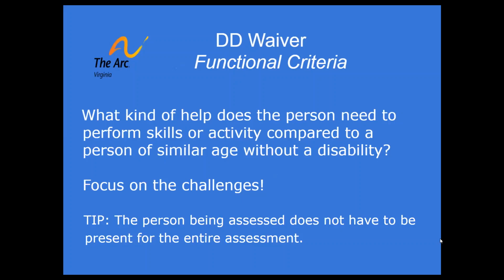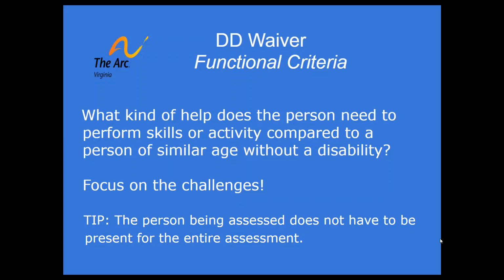The VIDES is assessing the type of help the person needs and the frequency. It looks at whether the person needs help from another person or technology to do activities, and how often this person needs help. This is the time that you focus on a person's challenges. So for example, if a 12-year-old needs assistance getting dressed, do they need someone to tell them what to wear?